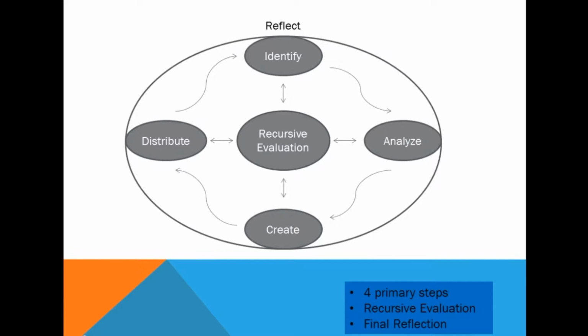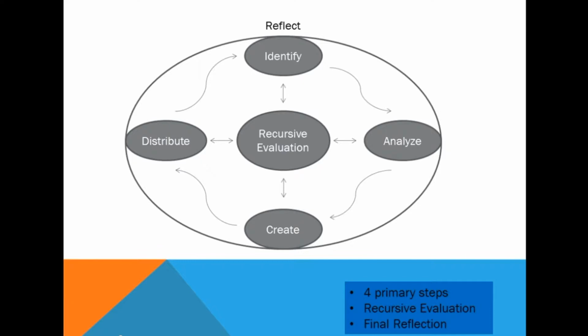happen hand in hand. The next stage is distribution, and this is very much along the lines of the implementation in the ADDIE model. And as the chart demonstrates, there is recursive evaluation, so that at the completion of each step, the designer is encouraged to reflect upon and evaluate their accomplishments of those steps.